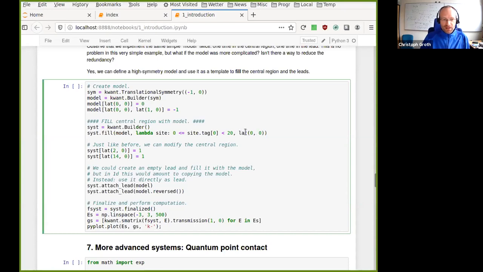Lat is the lattice, and lat(0, 0) is site (0, 0) of this lattice. So what happens here in this line is that Quant will do a flood fill for you. It will start at this site and then look at the neighbors of this site, the neighbors that are connected by hoppings. And for each neighbor, it will call this function. Lambda is a way in Python to define a function inline without naming it.